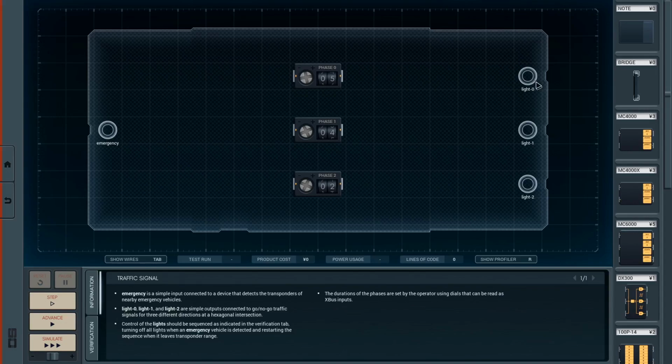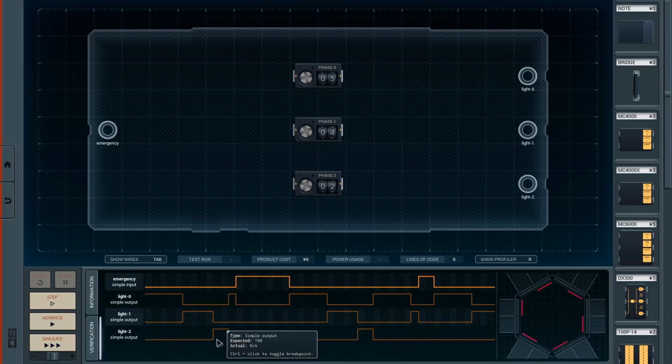So there are 3 states here. I can't just use a gen command to sleep, because I have to poll emergency every tick, because it can interrupt at any time.